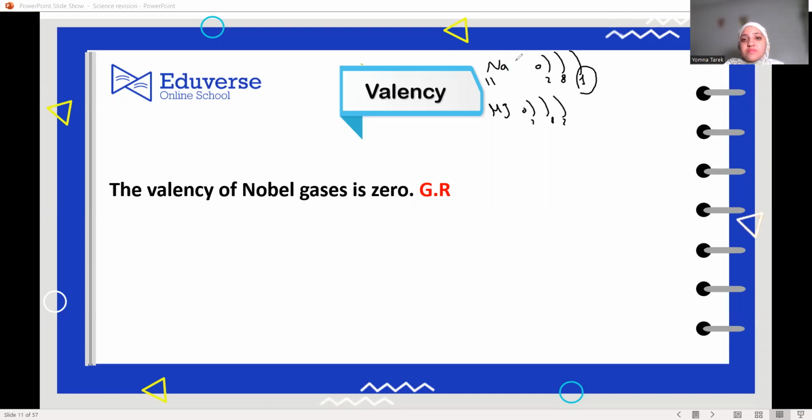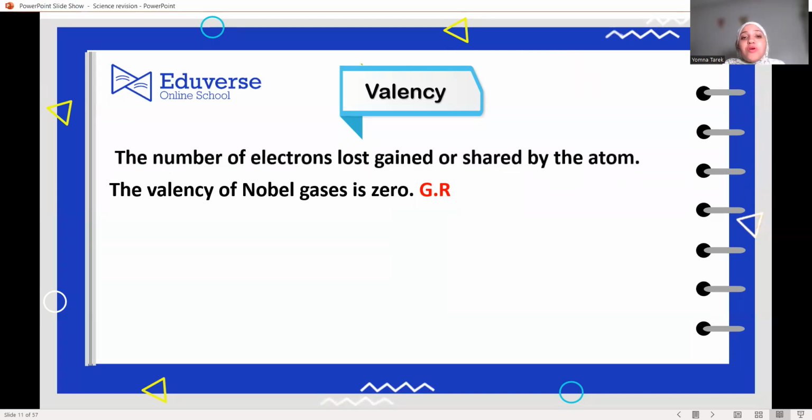So again, what is valency? Valency is the number of electrons lost, gained, or shared by the atom. Okay, what do you think? Do you think argon or neon has a valency? We said that the outermost energy level contains 8.